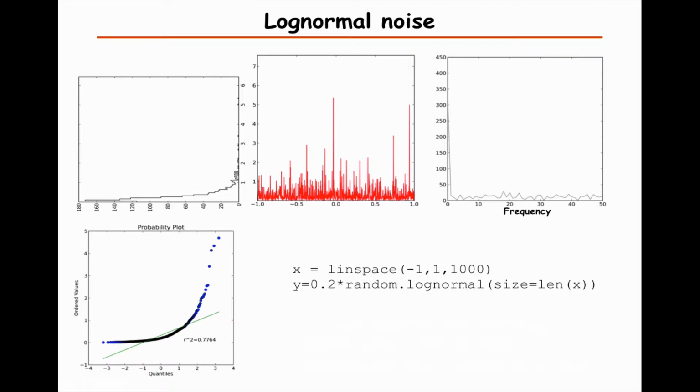Here you see that, again, we generate this random noise, but here it has very large outliers, and we again see that the distribution is far from normal. It has all the different frequencies, but also a peak at very low frequencies.